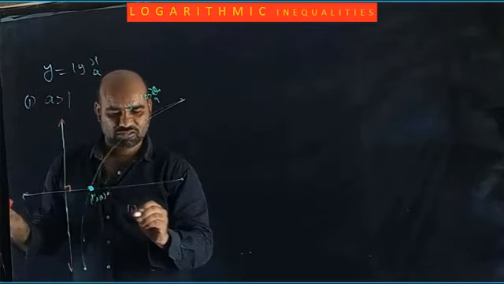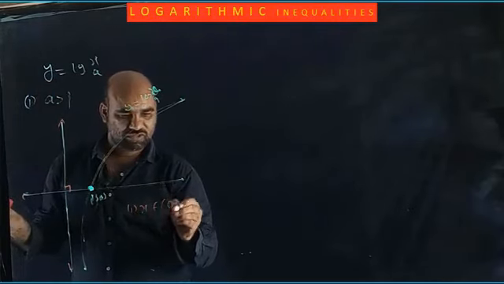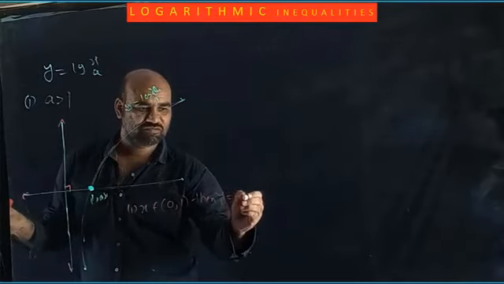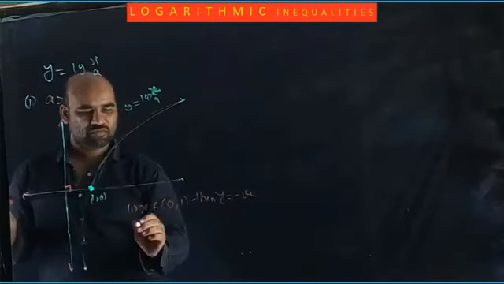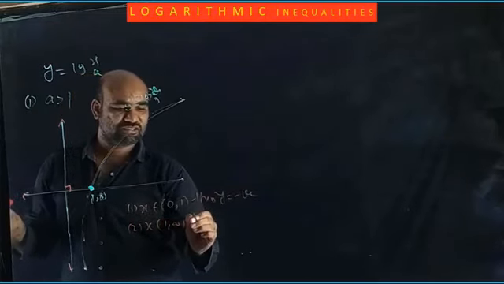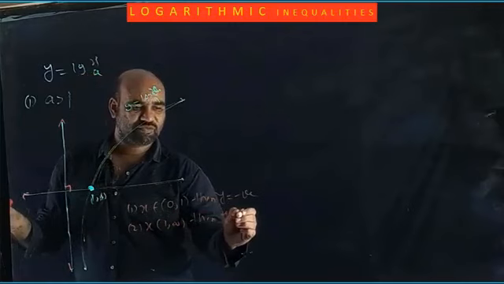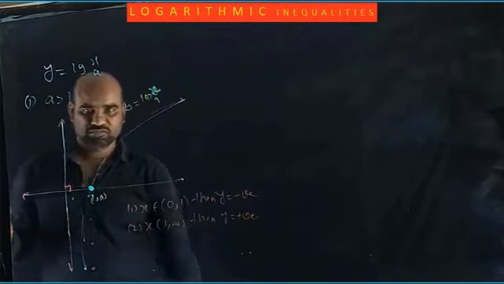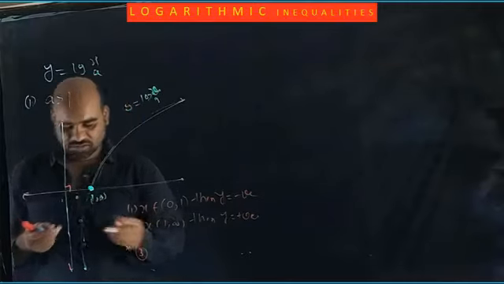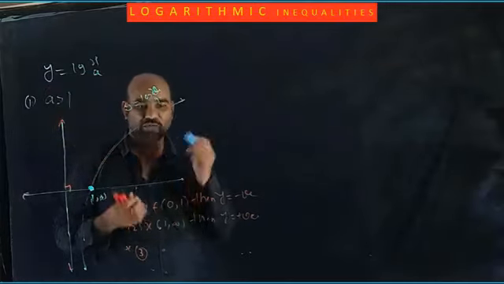First one: if x belongs to open 0 to open 1, then y is negative. Second one: if x belongs to 1 to infinity, then y is positive. Third is important. Observe all of you now. Important conclusion.